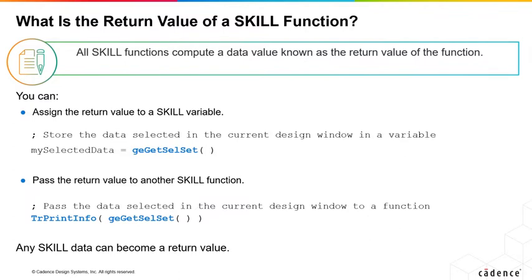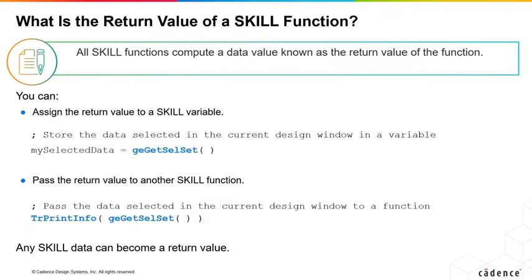When a skill function executes, it will return a value. For example, in the first case we'll look at here, you can assign the return value to a skill variable. In this particular case, we're going to store the data selected in the current design window into a variable.